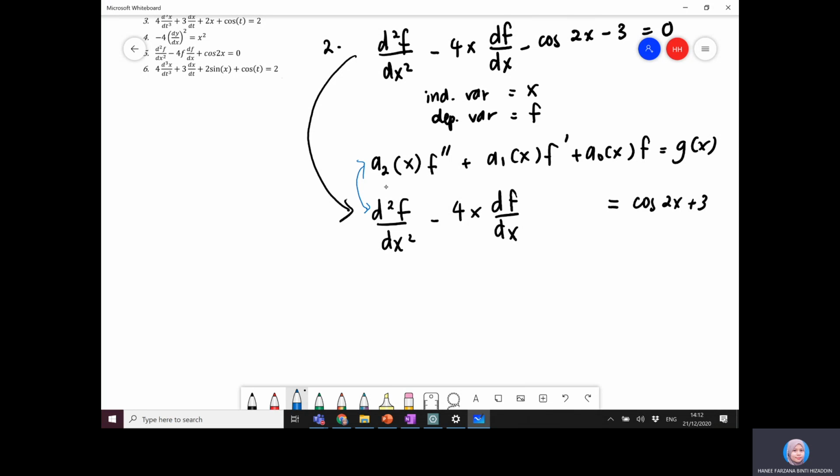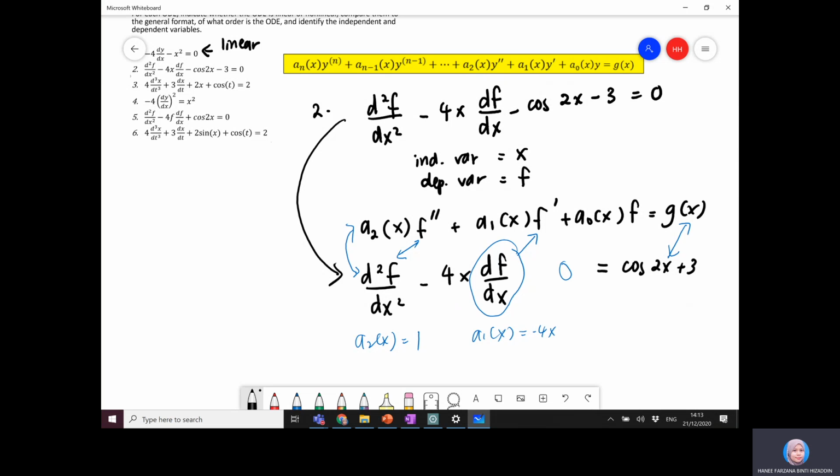So here you can see that d2f dx squared is f double prime, so a2 x is 1. Then a1 x is -4x and this df dx is f prime. A0 x is 0, f is also 0, and g of x is this one, cos 2x plus 3. So this is linear. What about the number 3 example?